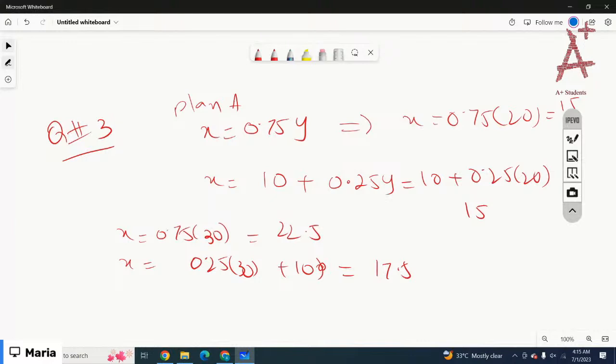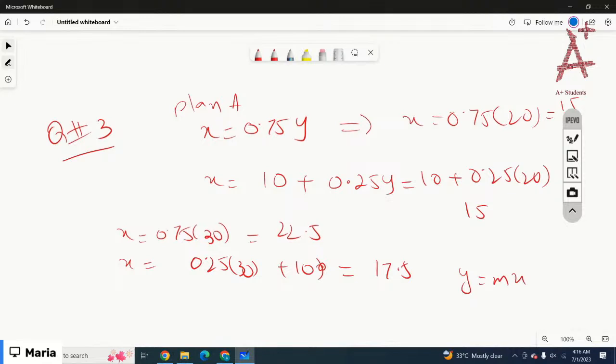That means for 20 glasses or fewer it is better to choose plan A, but if it is more than 20 glasses, then you can choose plan B. Got it? Okay, so you can see the equation for plan A is in the form y equals mx.